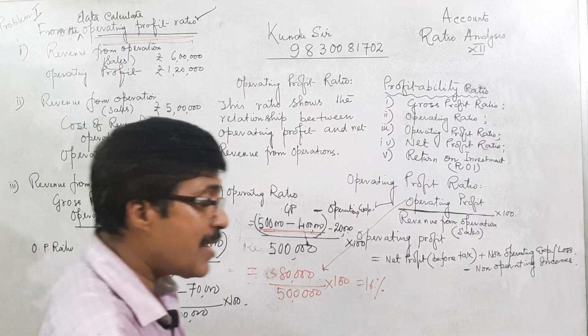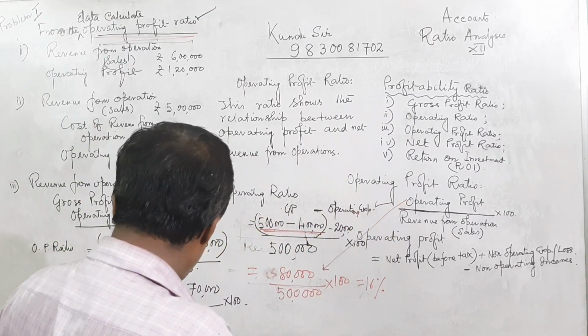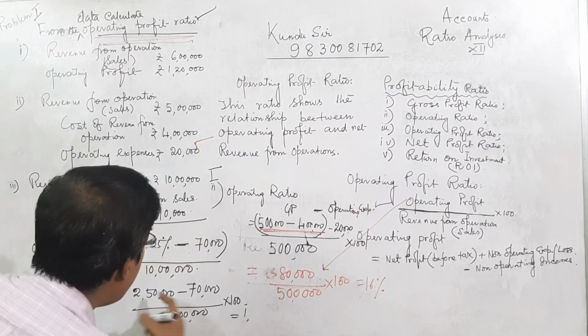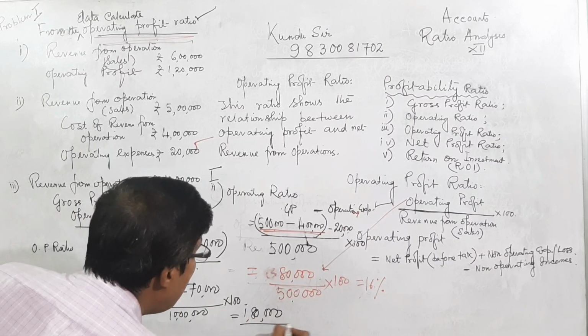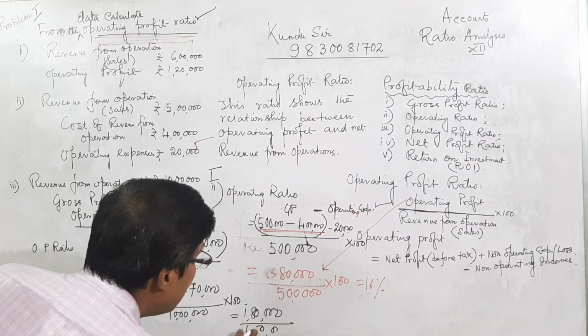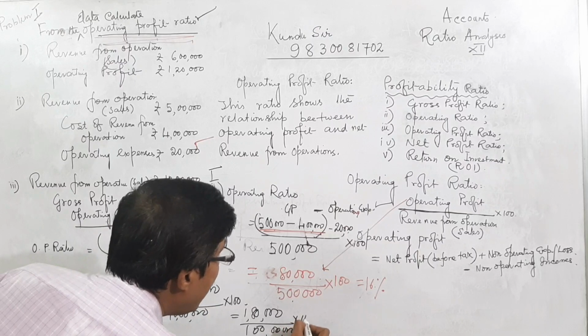We will get the result. After deducting, we are getting 1,80,000 divided by 10 lakhs into 100.